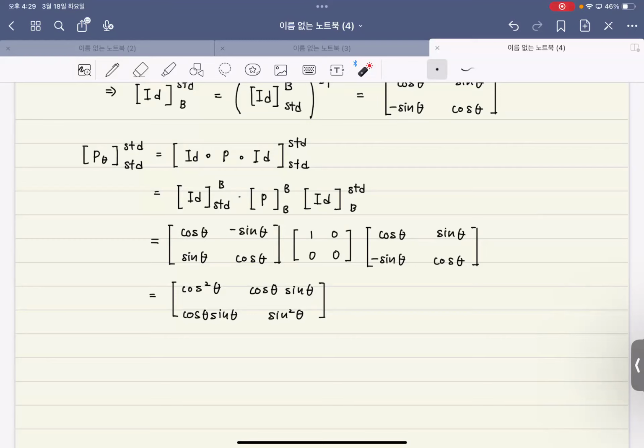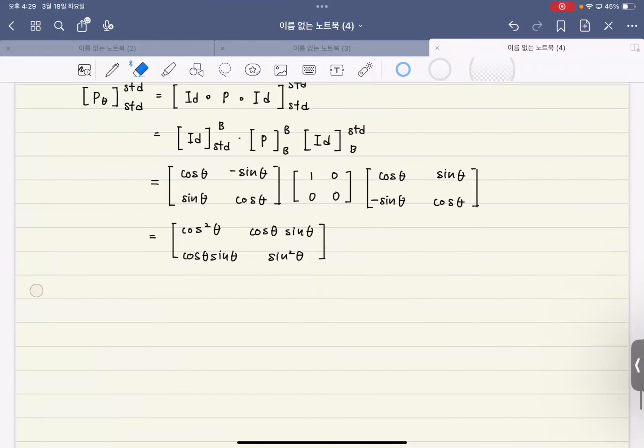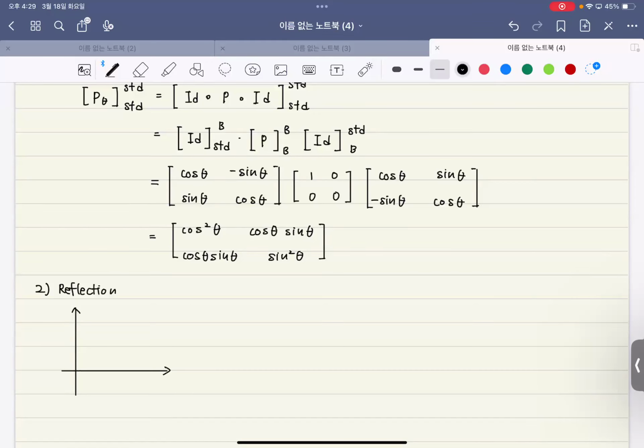Like reflection. I have a line, and I want to find the matrix representation of the reflection in terms of the standard basis.